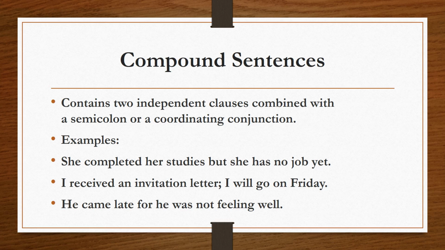At the same time, it's one sentence, but it can actually be put into two complete sentences. That's a compound sentence. And then, he came late, for he was not feeling well. The coordinating conjunction there is for. He came late, you can put a full stop, and then he was not feeling well is another sentence.